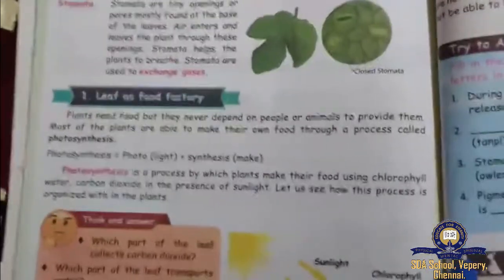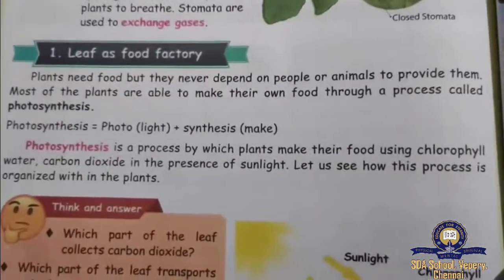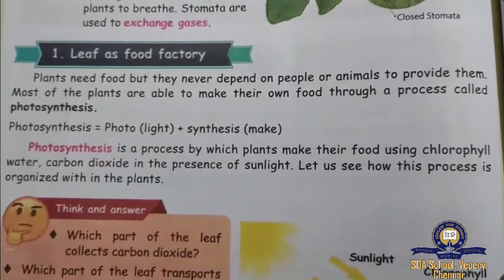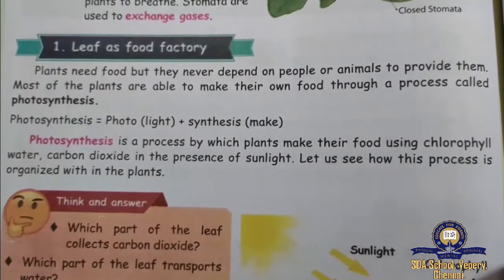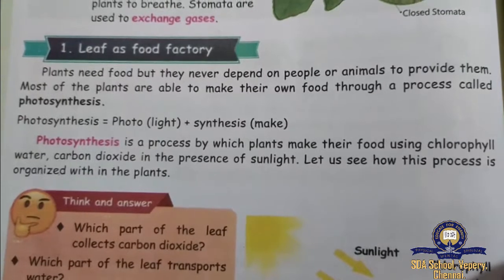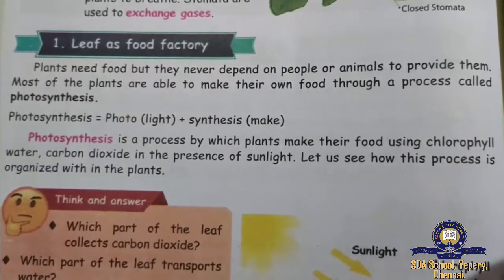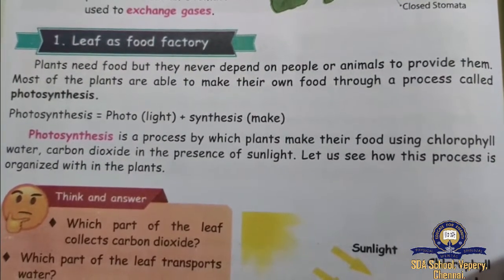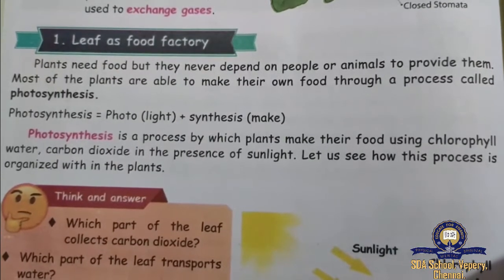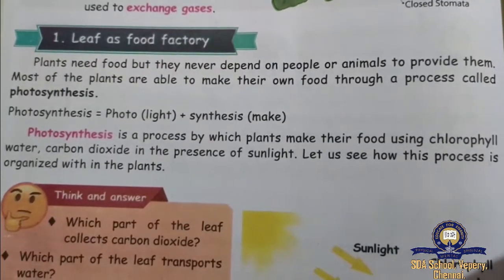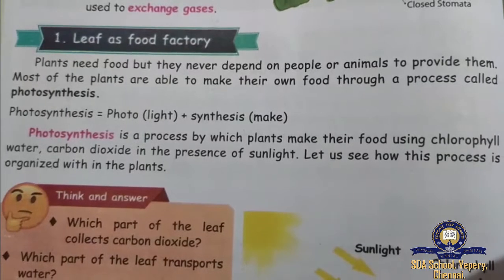In today's class we are going to learn about the leaf as a food factory, that is photosynthesis. Plants need food, but they never depend on people or animals to provide it. All living beings need food, right?